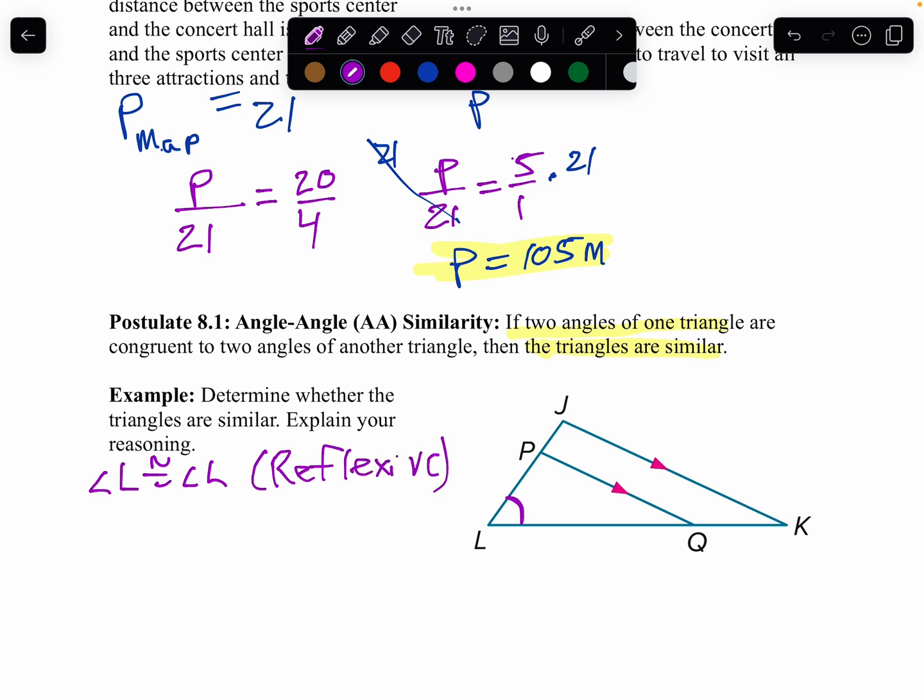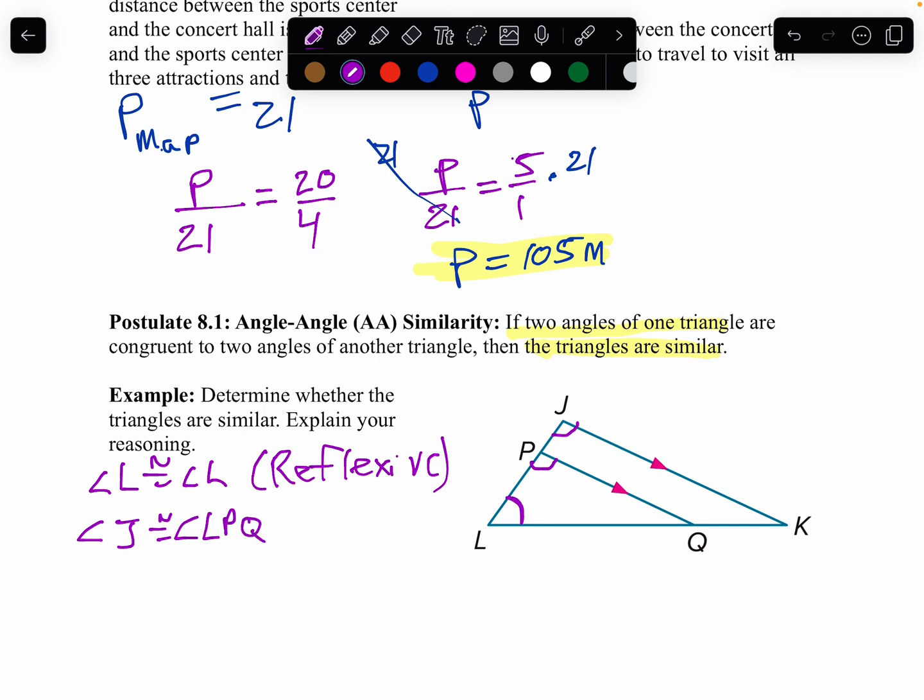And notice I've got parallel lines, so I know the corresponding angles are congruent if I treat the side as a transversal. So I know angle J is congruent to angle, let's go LPQ. Can't just call it P because you got two angle P's.